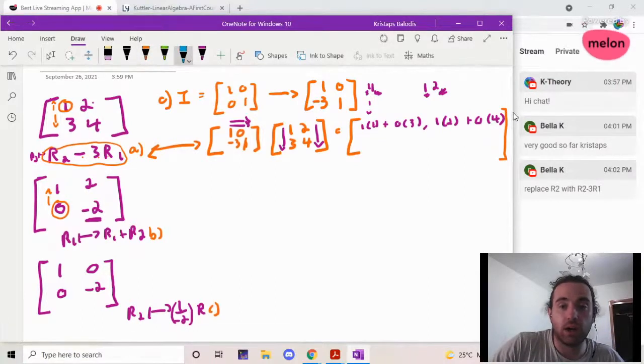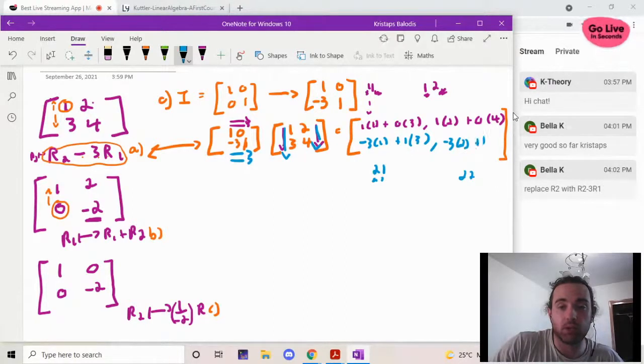And now if I want to figure out the 2, 1 entry, I multiply across the second row and down the first column. So I get minus 3 times 1 plus 1 times 3. And then finally, for the 2, 2 entry, I'm going to multiply across the bottom row and down the final column. So I'm going to get minus 3 multiplied by 2 plus 1 times 4.